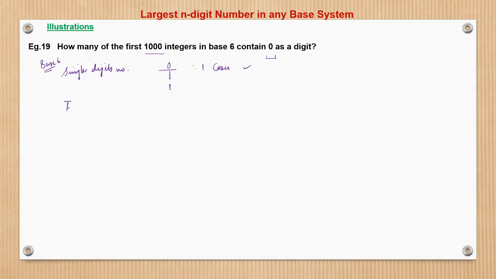Now two digit numbers in base 6. Here the first digit can be 1 to 5, so 5 cases.